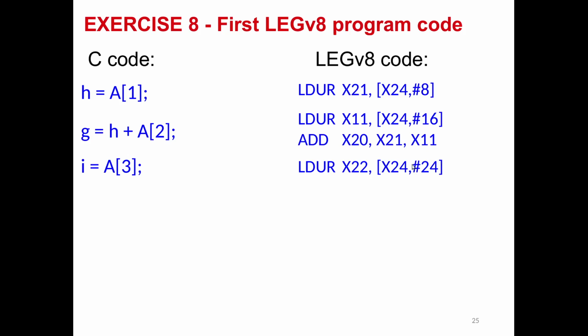For the next code, we work with an immediate value, and so we use completely the same instruction as what we have in exercise 4. ADDI X23, that is j, X22, that is i here, and the immediate value 1.